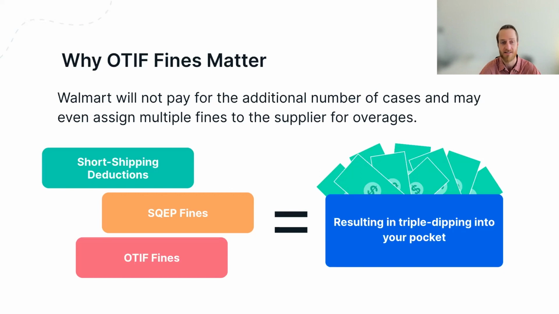We see instances where a single PO may have an AP shortage deduction, a not in full fine on the OTIF side, and then even the possibility of an SQEP fine as well, all on the same PO. So it's really important to keep an eye on these various causes of revenue loss so that you can understand where you're losing money and hopefully what you can do to prevent it going forward.